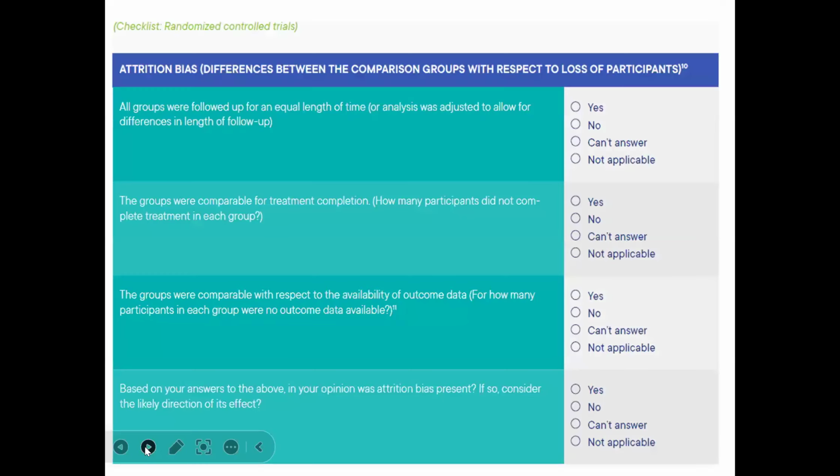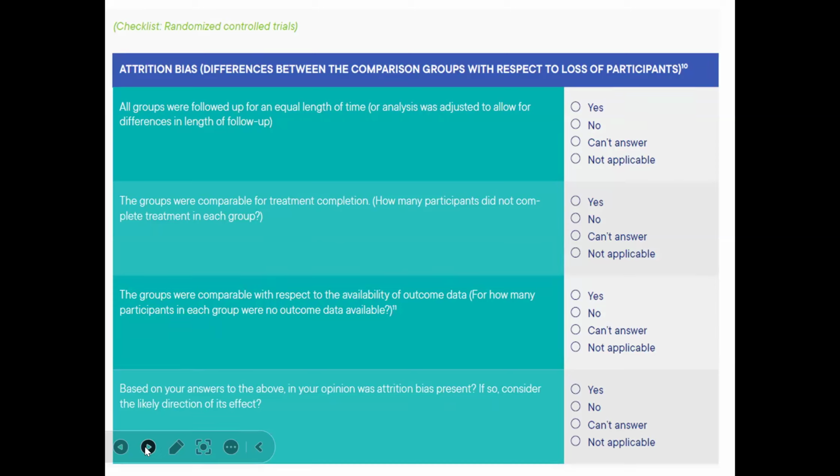Next, please. Then attrition bias, the loss. All groups were followed for up to an equal length of time, or analyses were adjusted to allow for differences in length of follow-up. But here, I think the follow-up was complete. So the answer would be yes. The groups were comparable for treatment completion. How many participants did not complete treatment in each group? They were comparable here also. The answer is yes.